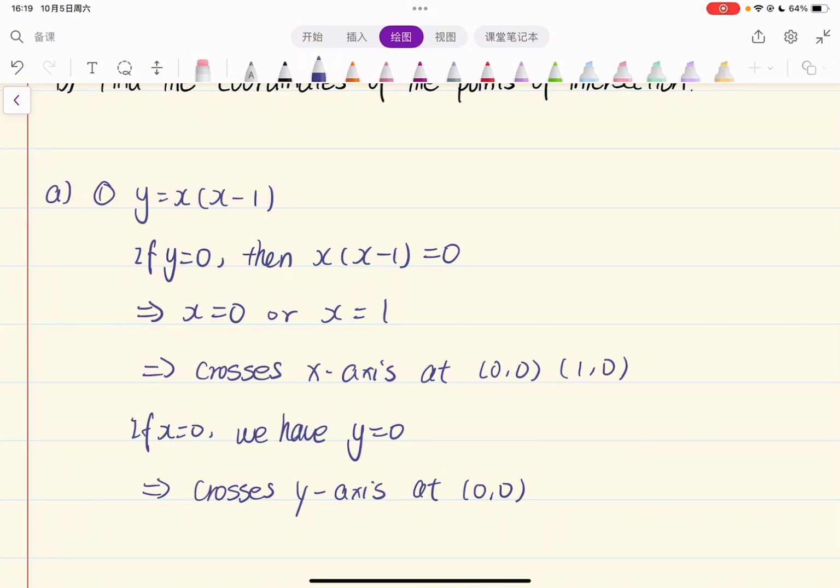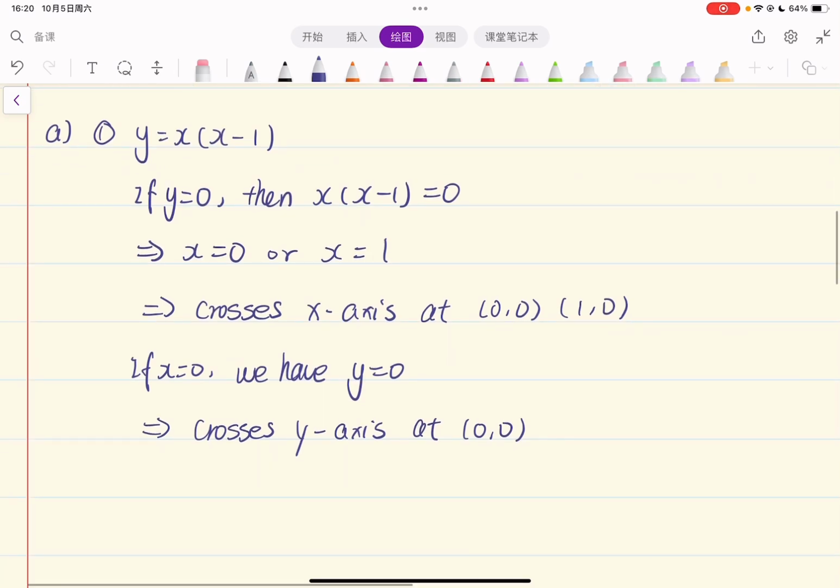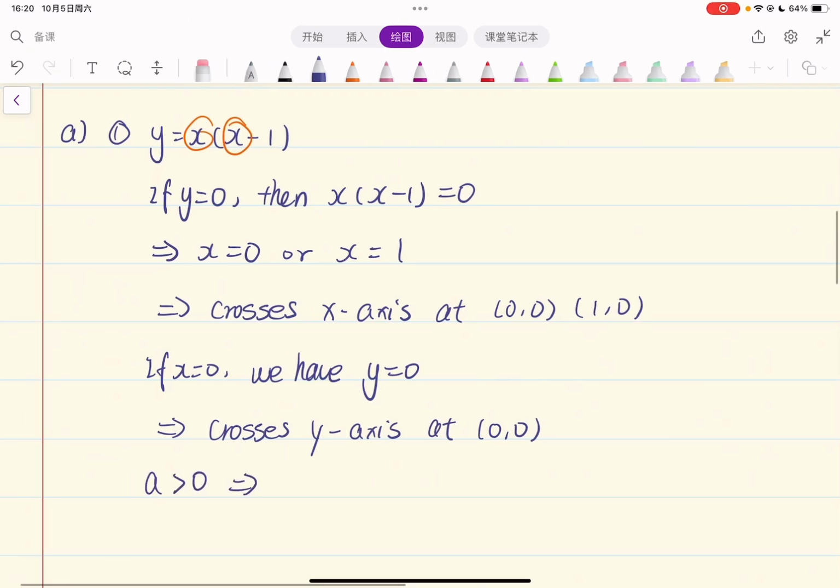From this equation, we can see the function x times (x minus 1) is a quadratic function, which means you need to see the coefficient of x squared. Here, the coefficient of x squared is positive, so a is greater than 0, which means you have a smiley face, so a U shape.